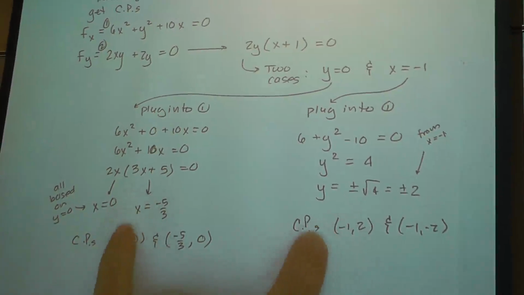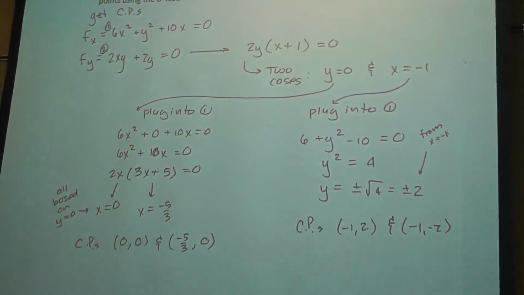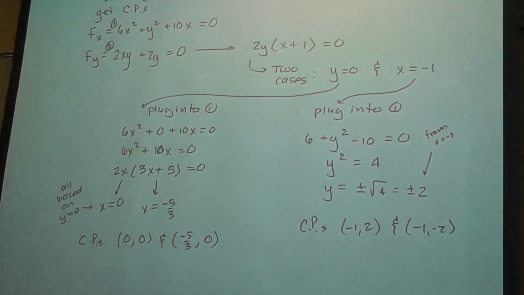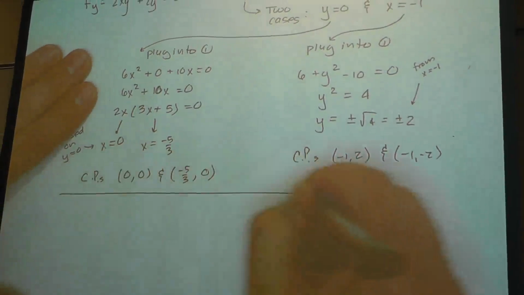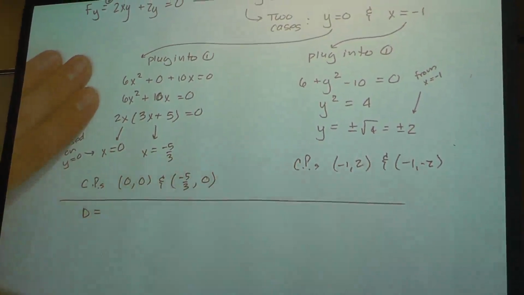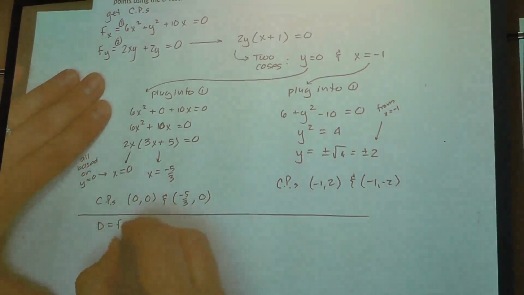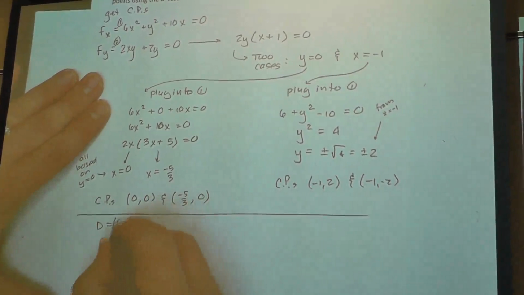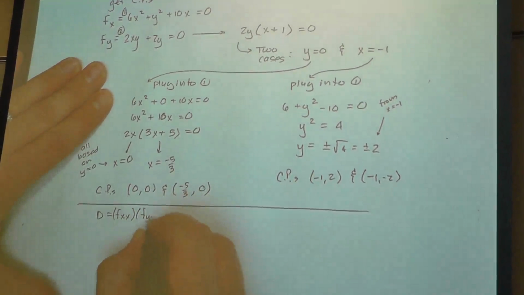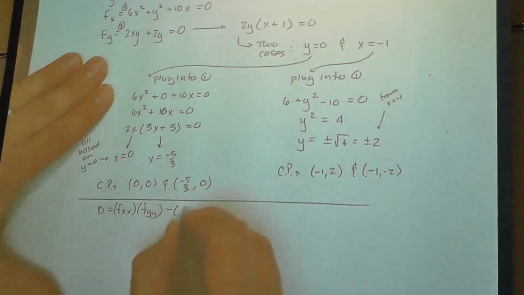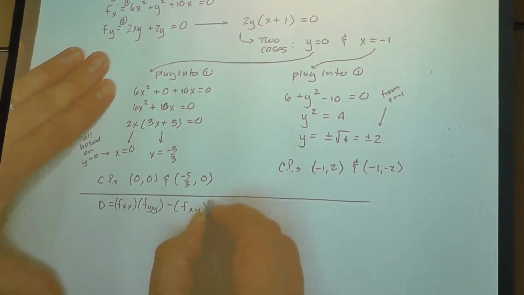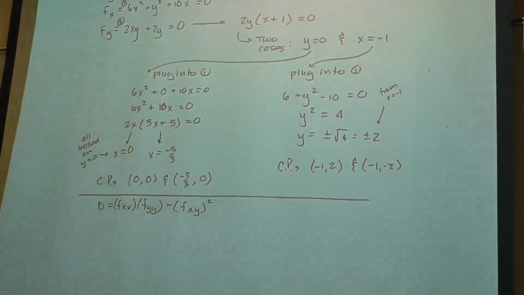Once you get the critical points, in all honesty, the hard work's done. Now we want to use the d-test. So let me construct D for this function. D is, let me remind you, fxx, the second x partial, times fyy, the second y partial, minus fxy squared, the mixed second partial squared.